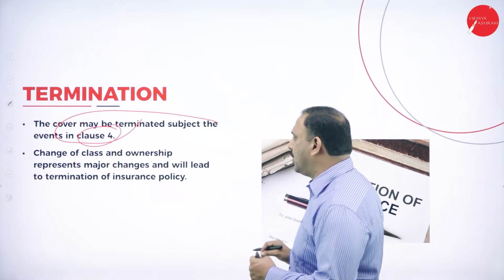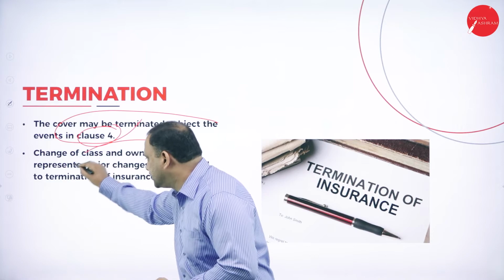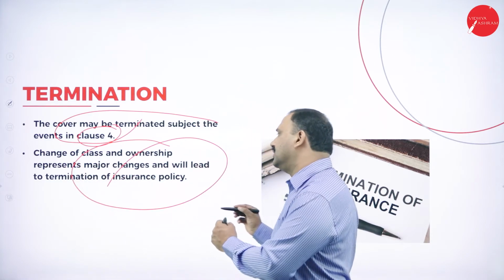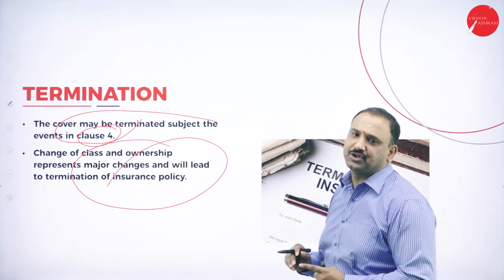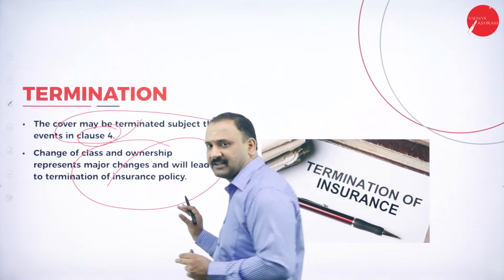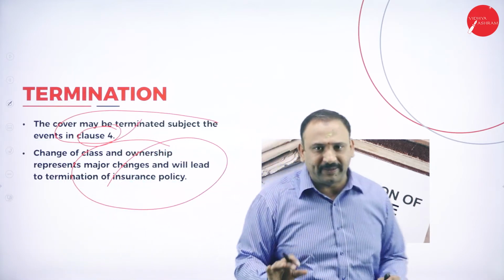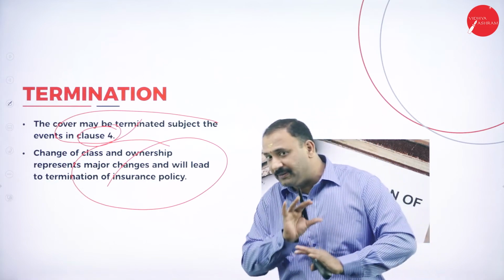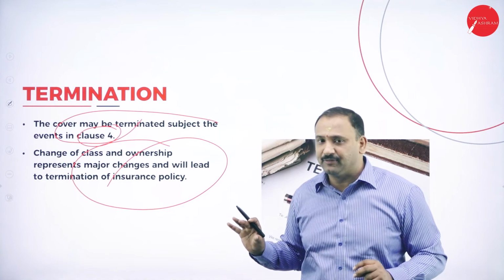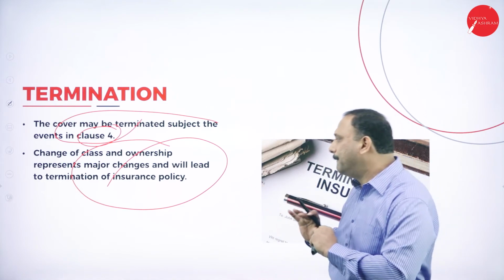Now there, change of class and ownership represent major changes, and this will lead to the termination of the insurance policy. So they very clearly mention that if there are any changes, or any movements that would make any kind of changes, that would be considered completely against the policy.